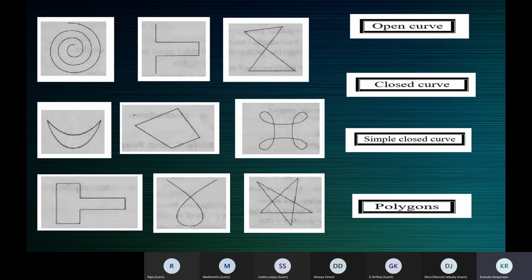All of you should agree with 8. See here, 1, 2, 3, 4, 5, 6, 7, 8. 8 sides. It's an octagon.